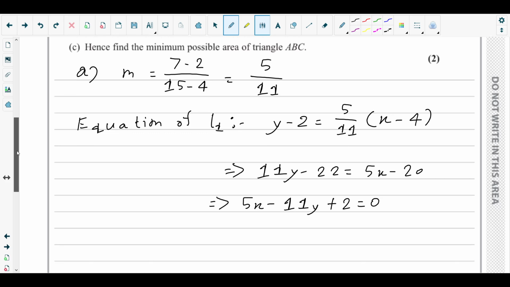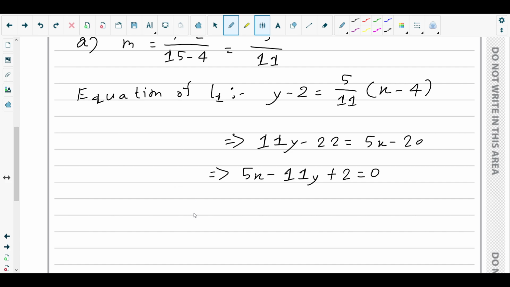So this is the equation of line L1. Here P equals 5, Q equals negative 11, and r equals 2. Done.